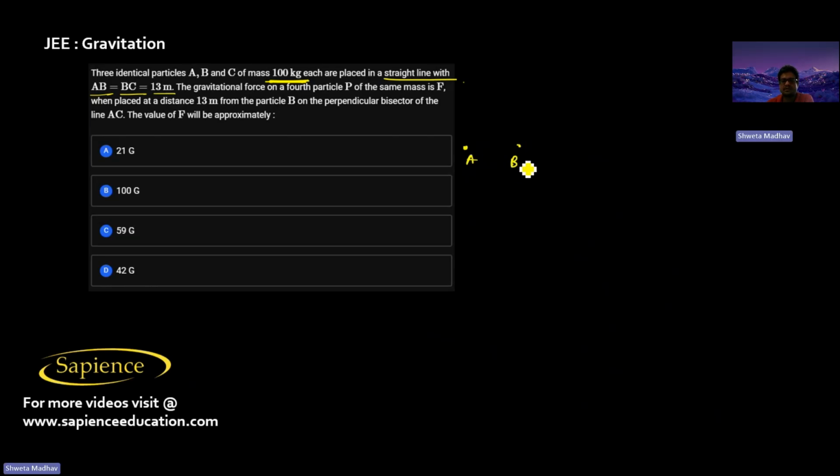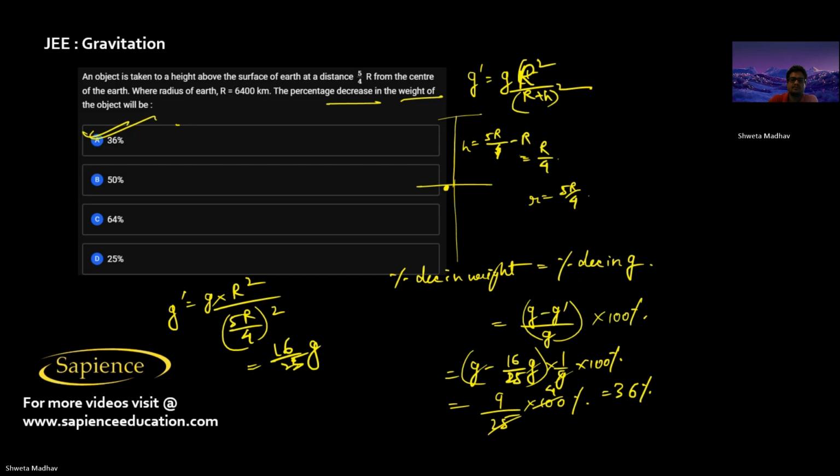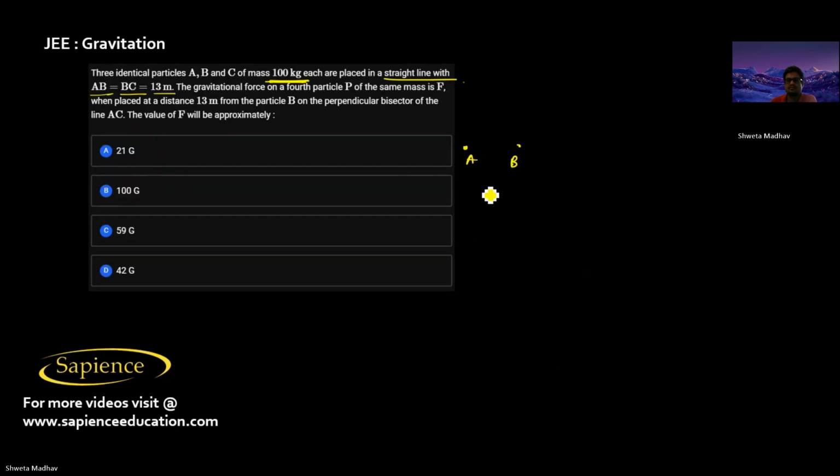So this is A, B, and C. AB and BC are the same, that is 13 meters. Three identical particles are placed, M, M, and M. The mass is 100 kg.